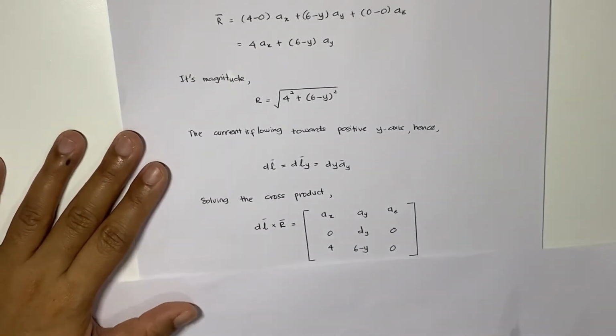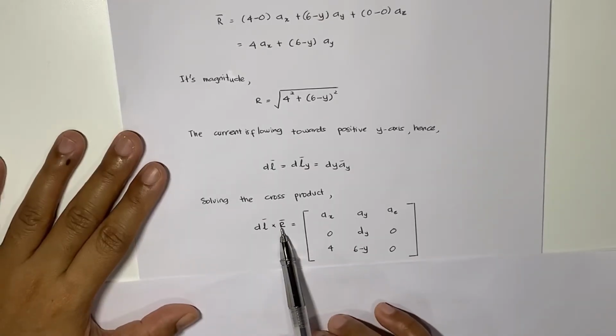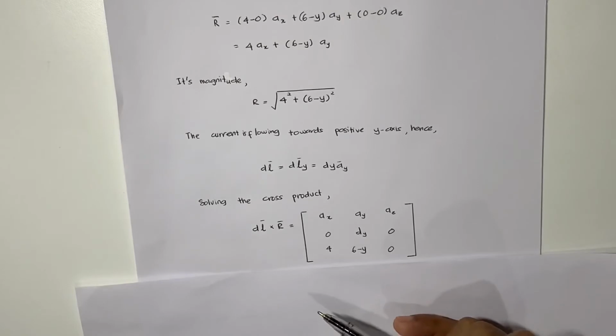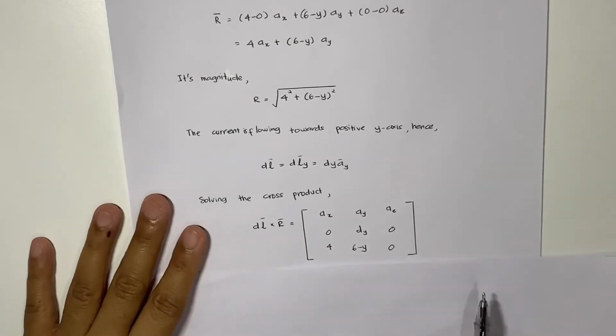For dl cross product with R, you can refer to the table given in the appendix.